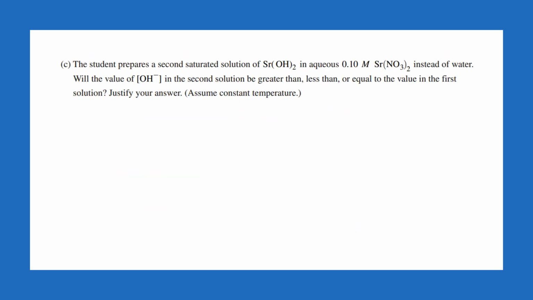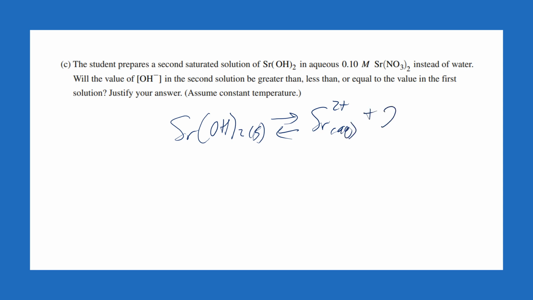Now in this case, we're going to prepare strontium hydroxide in aqueous strontium nitrate instead. I'm writing out the balanced equation here again. In aqueous 0.1 molar strontium nitrate instead of water, will the value of hydroxide be greater than, less than, or equal to the value in the first solution?